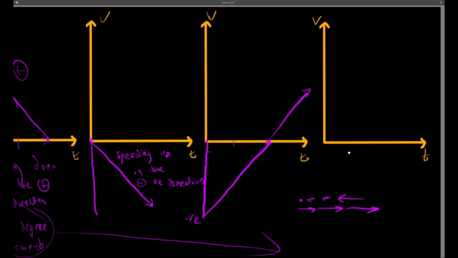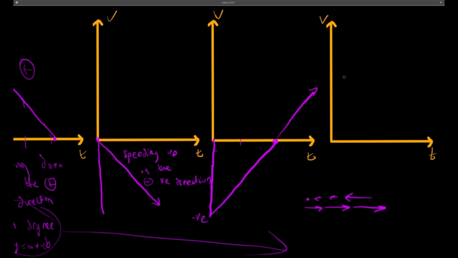And then the final graph we have is a constant velocity graph, which is obviously a horizontal line, where this line is a value of 0, and it's just constantly moving at a certain amount of x velocity.